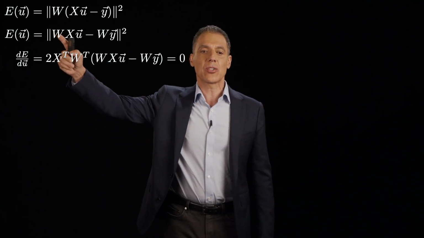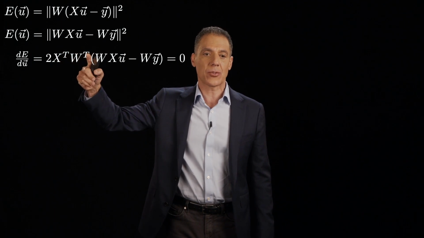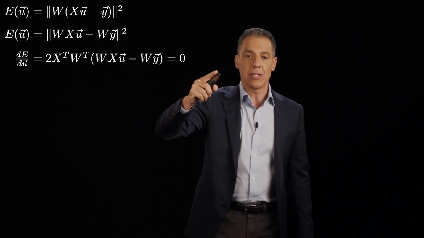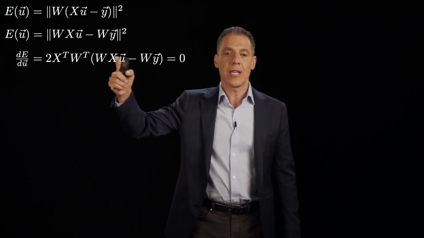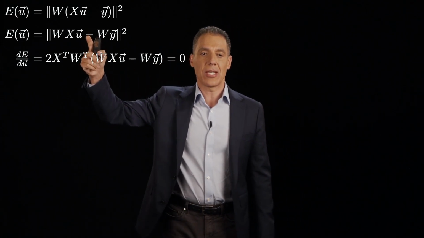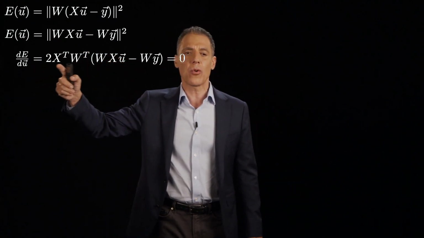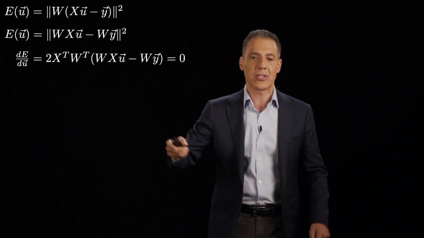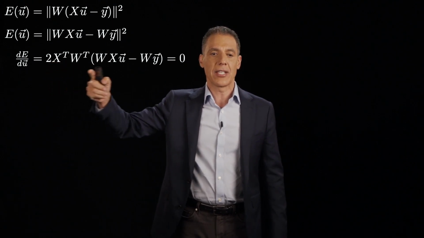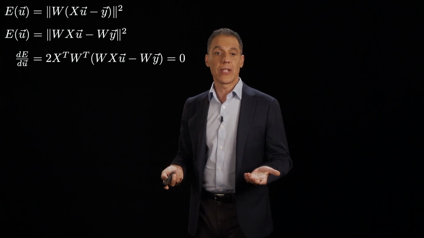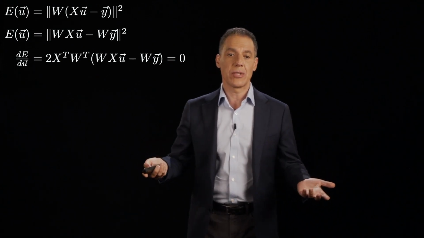So WX quantity transposed is X transpose times W transpose. The power reduces to 1, and then inside the parentheses is the same thing, WXu minus Wy. So this looks very similar to before. We're just lugging around this extra matrix W, both on the outside here and on each of the individual terms. Of course, we're taking that derivative and setting it equal to 0 in the same way we did before.